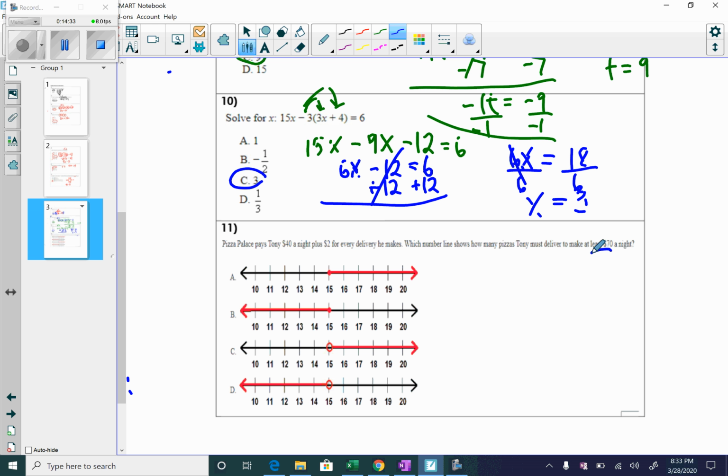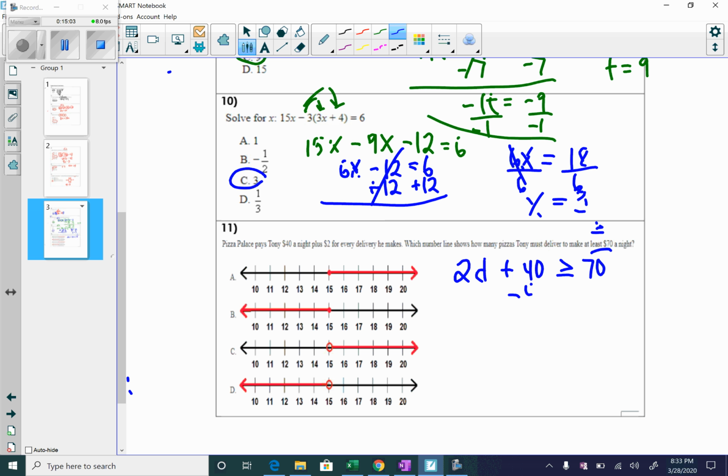Okay, so it's $2 per delivery. So it's $2 times the number of deliveries, and we're assuming it's only one pizza per delivery. So $2 times the number of deliveries plus the $40 that he's going to get paid anyway. Remember, at least always means greater than or equal to 70.